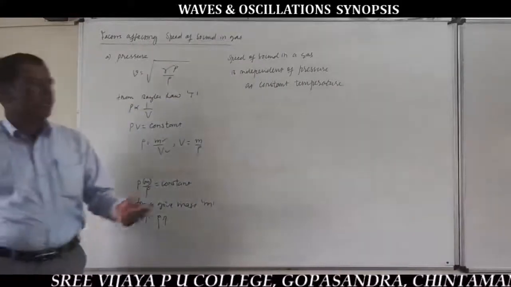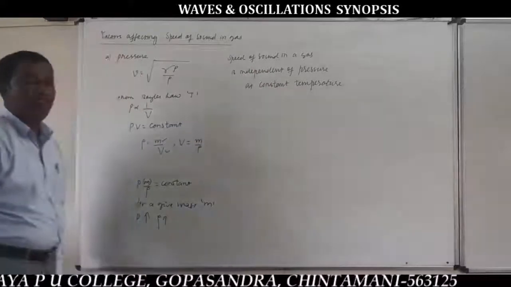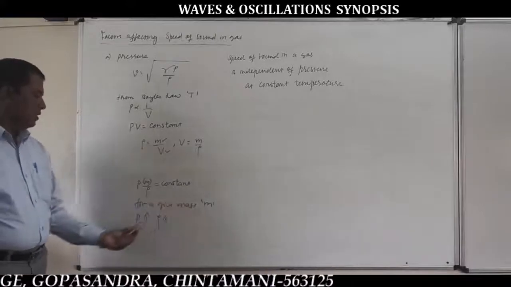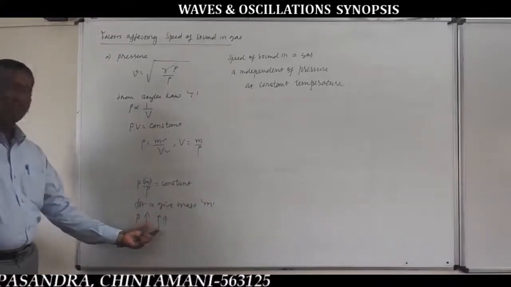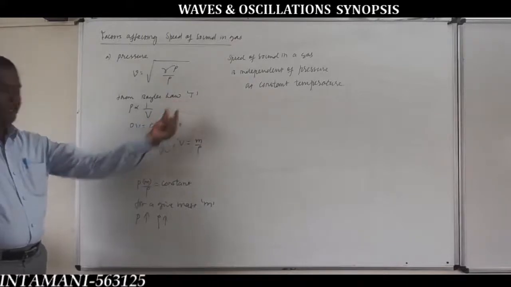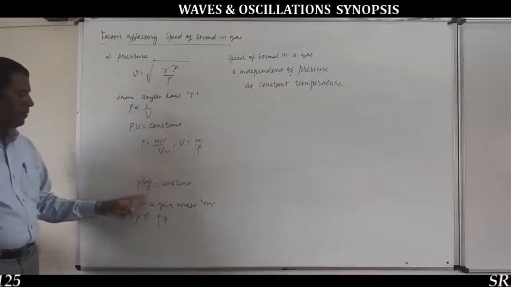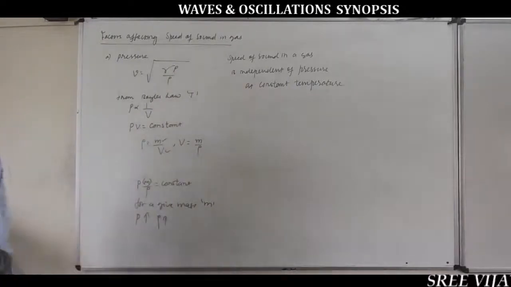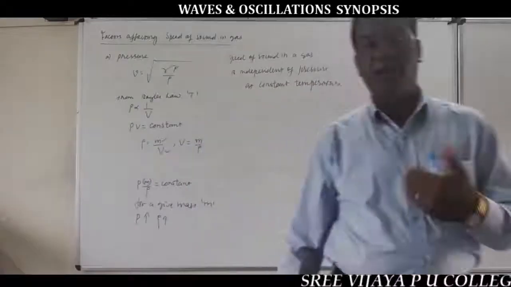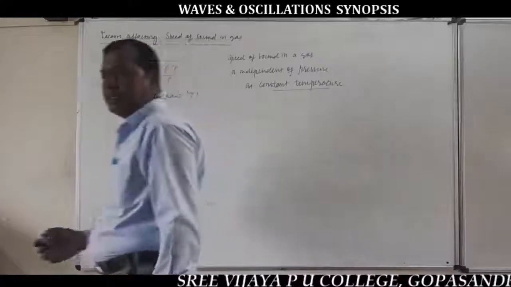Because for a given mass, as pressure increases, density also increases, since we have considered temperature as constant. And if pressure and density increase proportionately, the ratio P by rho remains constant. Therefore, speed of sound in a gas is independent of pressure at constant temperature.